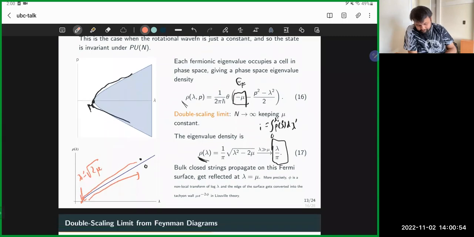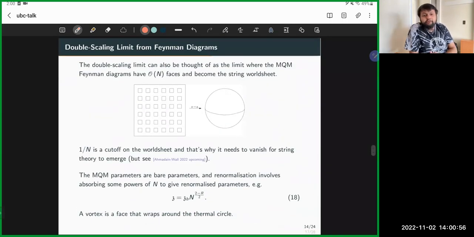Okay. So now let's look at a second way of thinking of the double scaling limit, which is also very nice. Basically, it's the limit where the MQM Feynman diagrams have order n faces, and you send n to infinity. When you send n to infinity and have order n faces, you keep the area constant, and it starts looking like a smooth manifold.